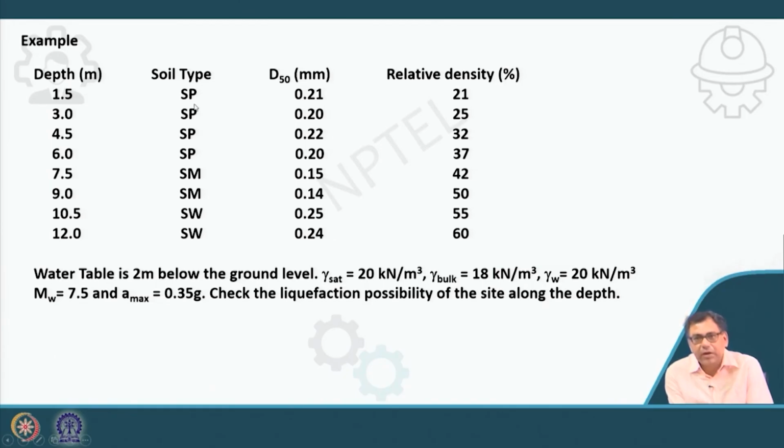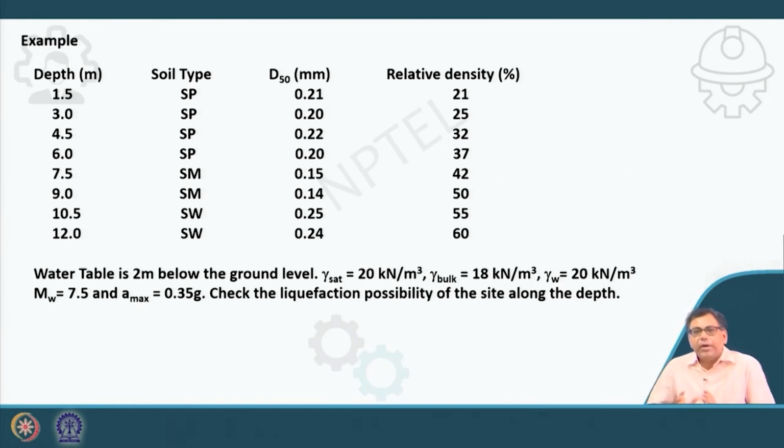SP means poorly graded sand, SM means silty sand, and WS means well graded sand. If I discuss different soil types and grain size, it is well known that poorly graded sand is more susceptible to liquefaction as compared to well graded sand.